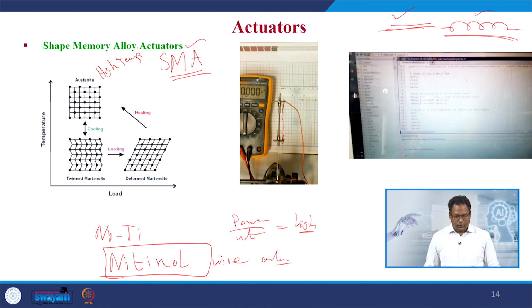So, when it is heated it goes to austenite phase, when it is cooled it goes to martensite. In the cooling stage it has twinned and deformed phases. That means when it is cooled it comes to twinned martensite, and upon loading it goes to deformed.